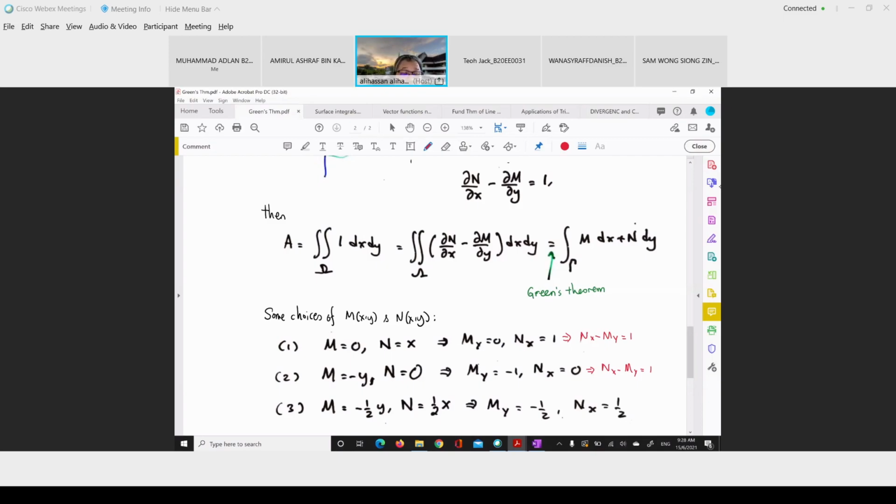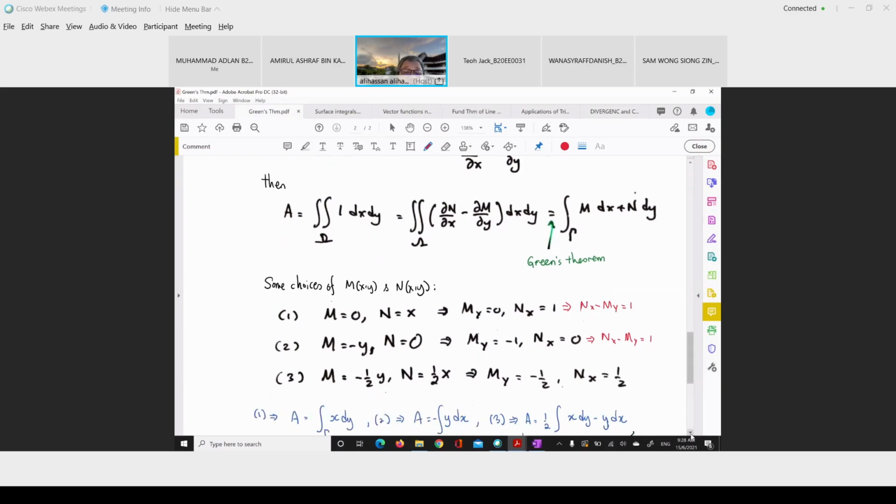Another choice is M equal to minus half y, N equal to half x. So M partial y is minus a half, and N partial x equals a half. So this also implies that N partial x minus M partial y equals 1.